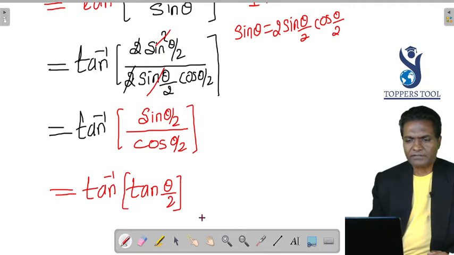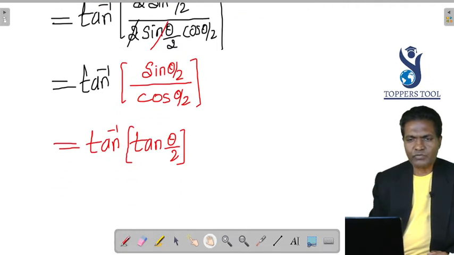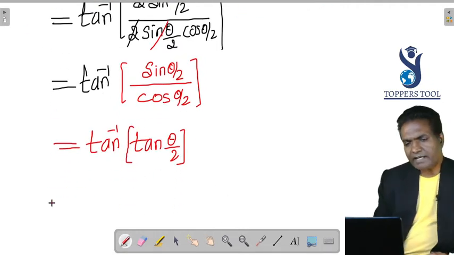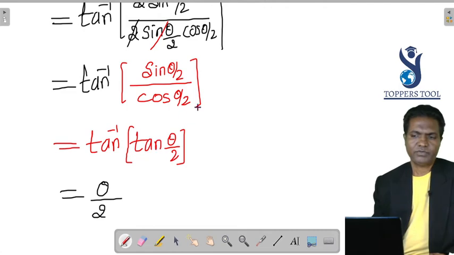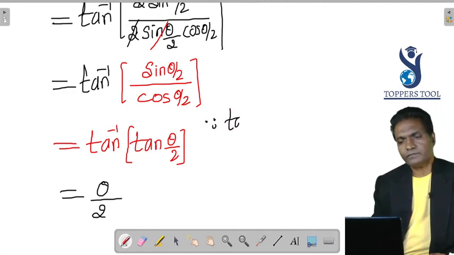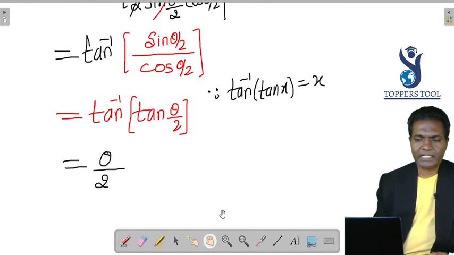Now as you know, tan inverse of tan x is x, so I can write it as just theta by 2. So it is theta by 2.